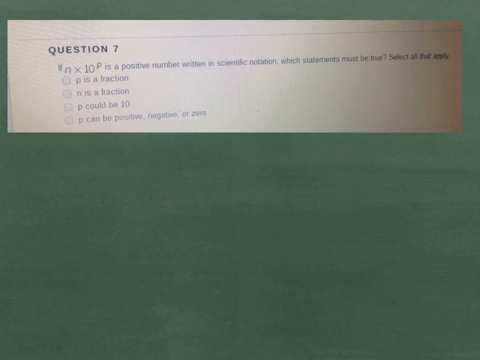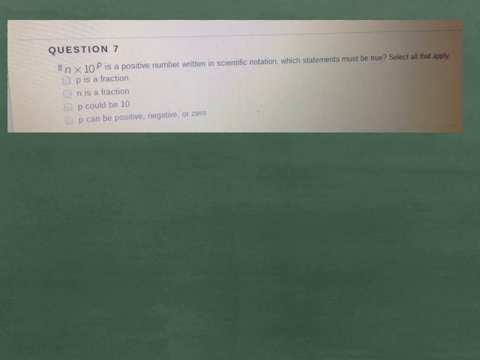Question number 7. If n times 10 to the p is a positive number written in scientific notation, which statements must be true? Select all that apply. P is a fraction. N is a fraction. P could be 10.